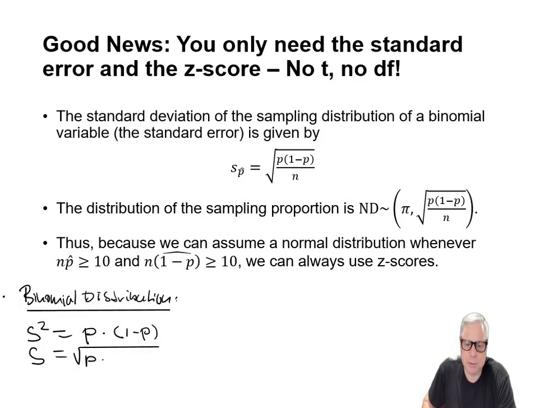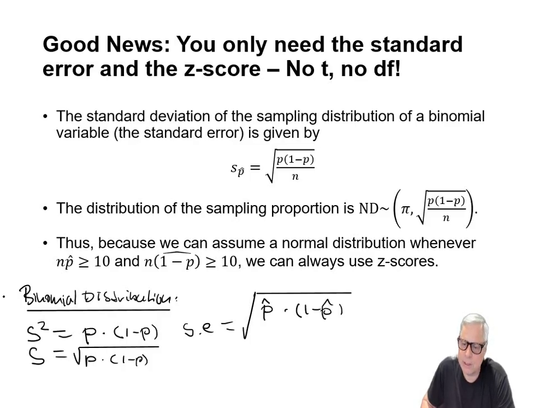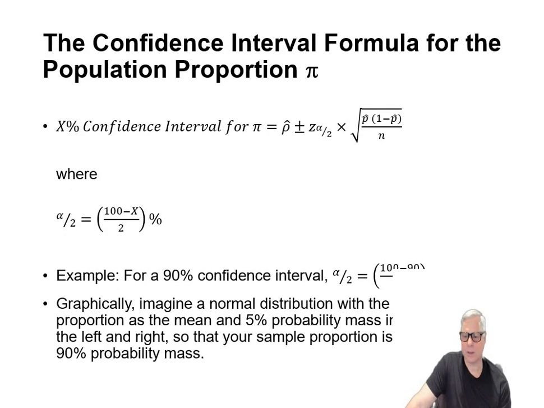The standard error is simply this estimated probability times the failure probability over n, all under the square root. Other than that, the philosophy is very similar.